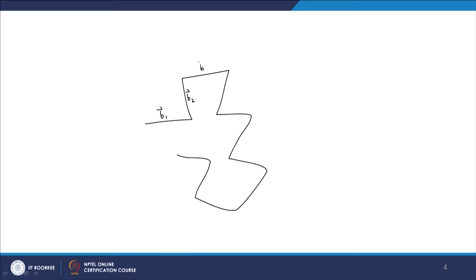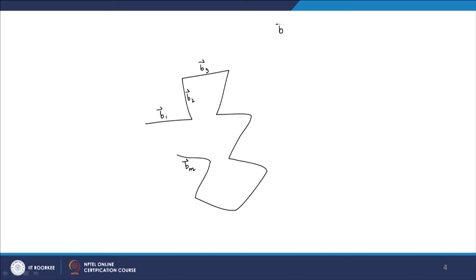So let's say this is a model of a freely jointed chain, and let me refer to these vectors as bond vectors. So let's say the first one I will refer to as B1, the second one is B2, the third one is B3, and so on, and the last one becomes Bm.